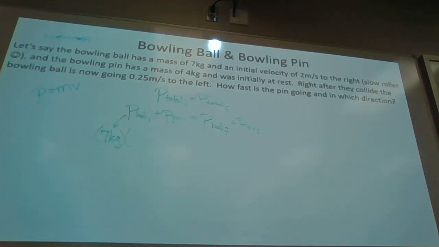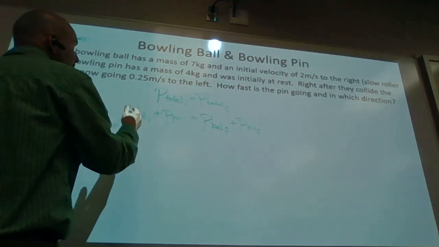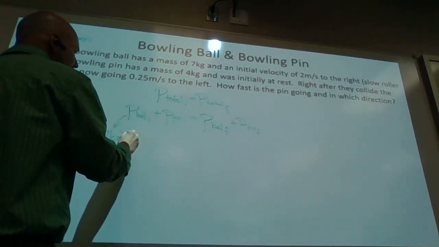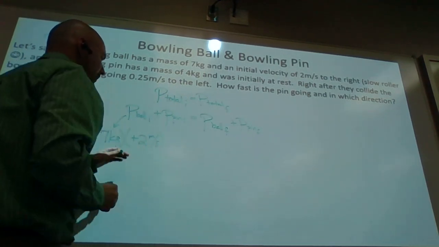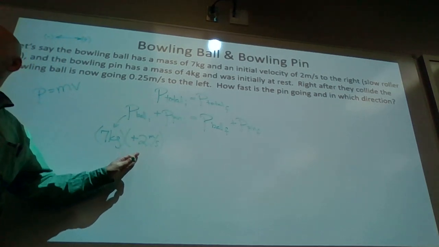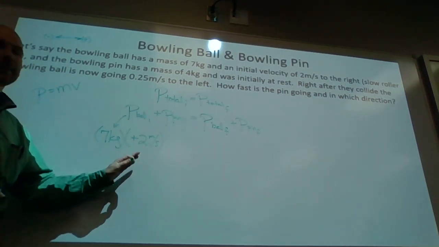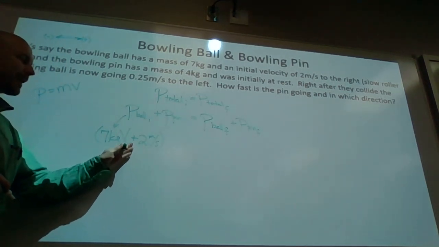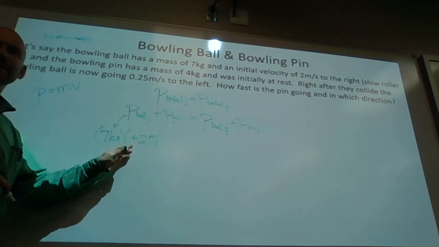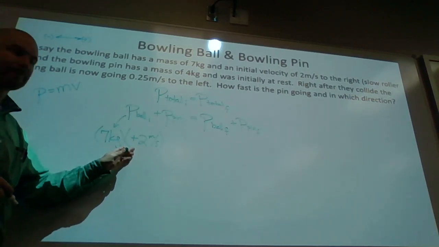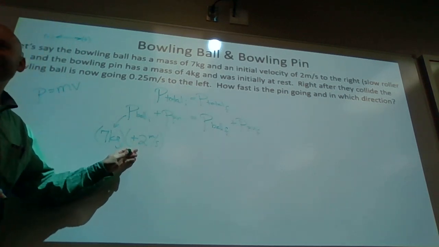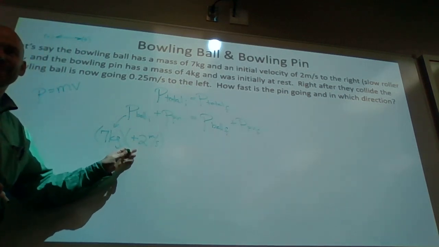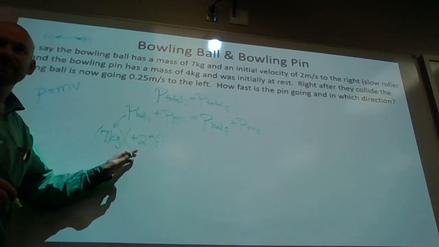Could make the left positive, but all right, so it's moving to the right. So I need to assign a direction to the velocity because velocity has direction. Now, it is not a requirement to put a plus, I think it's just good practice. But if it's going in the negative direction and you don't put a negative, that's a mandatory step. You will get the wrong answer.